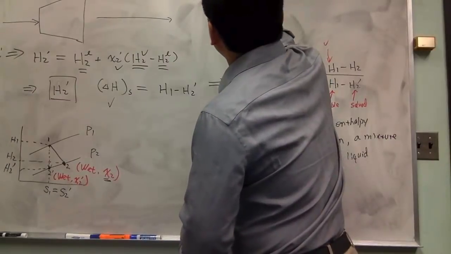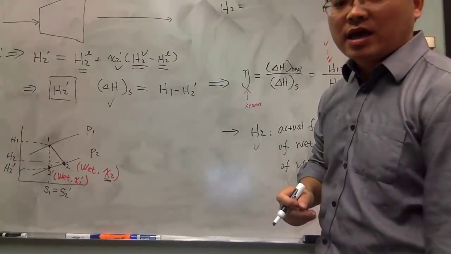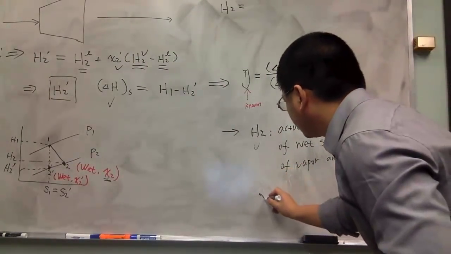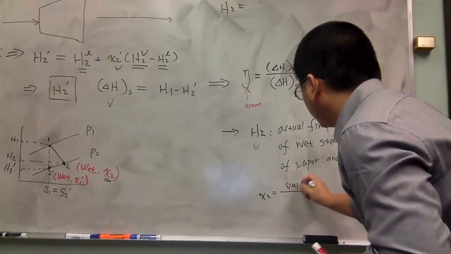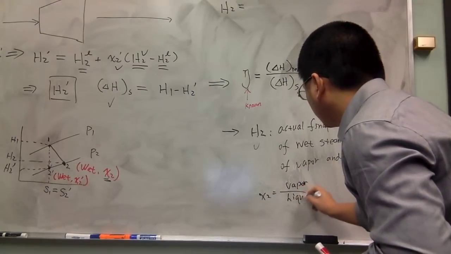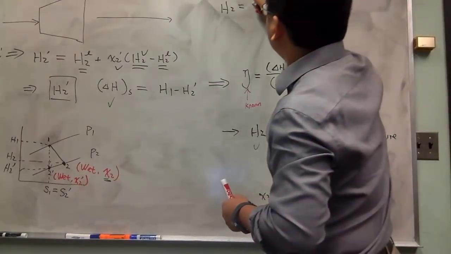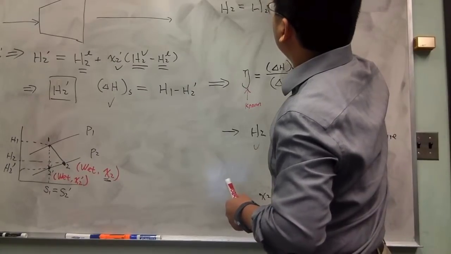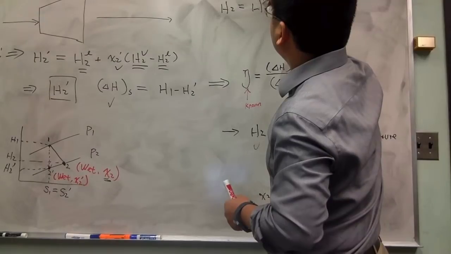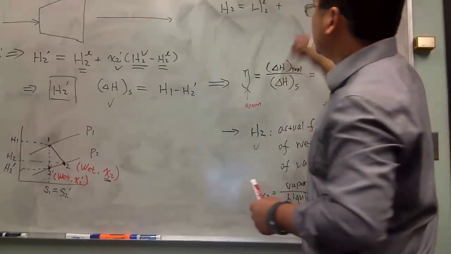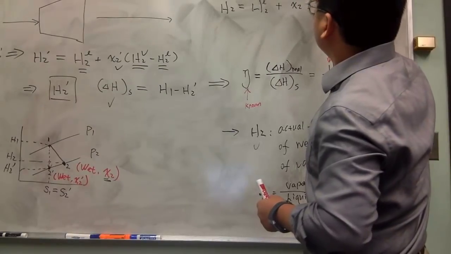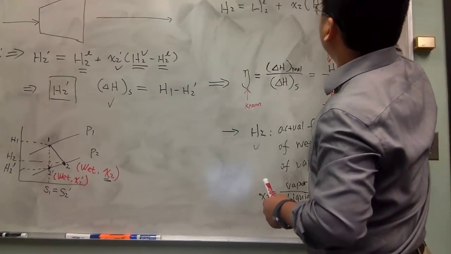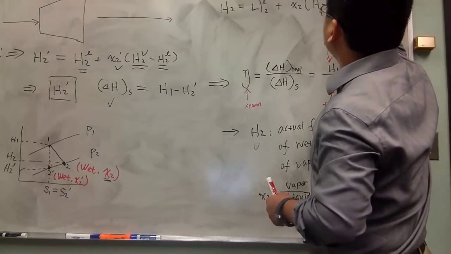This H2 is simply, if we are doing the mixture calculation of vapor and liquid, and assuming their ratio is X2, again X2 is vapor over liquid, then we can have this H2 of liquid plus that x2 of the real final H2 vapor minus H2 liquid.